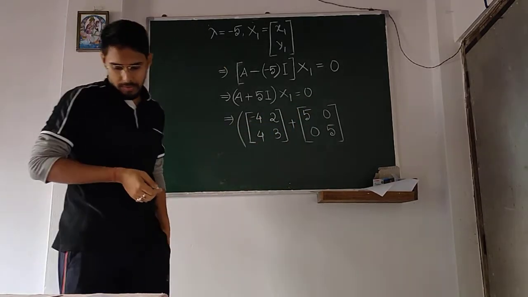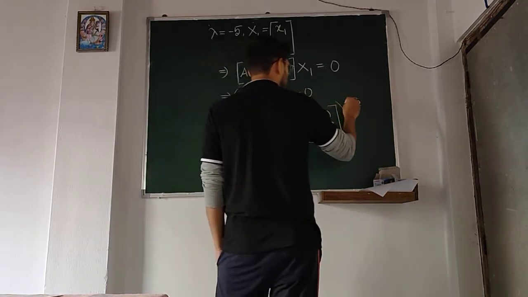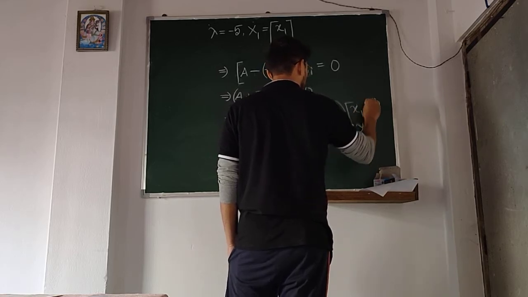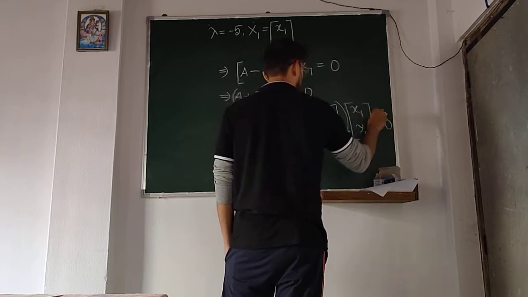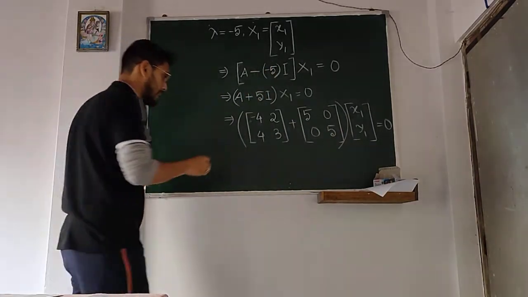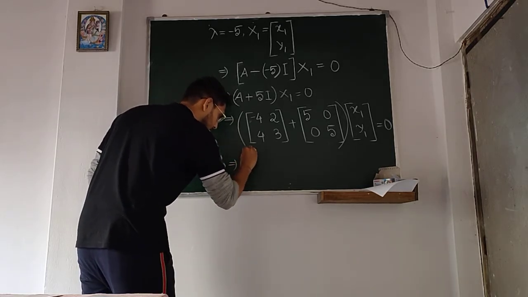After that, we will conclude this one and we will now add this matrix, which is x1, y1, and that will give a total of 0. So I hope this is clear. So next, we have to adjust a bit.